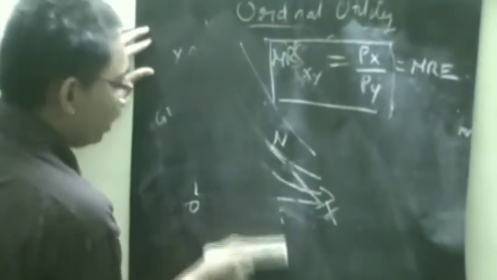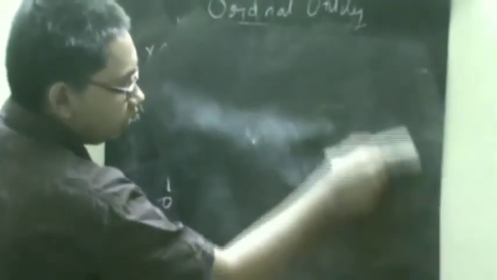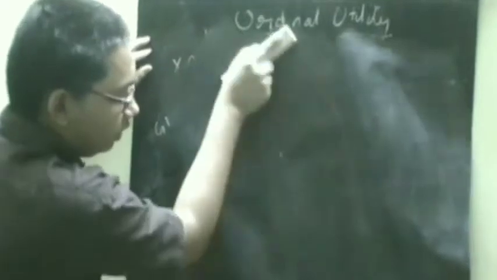Now, one final thing, we have learned two approaches. One is the cardinal utility approach and another one is this approach. What is the relationship between these two? Is there any relation?